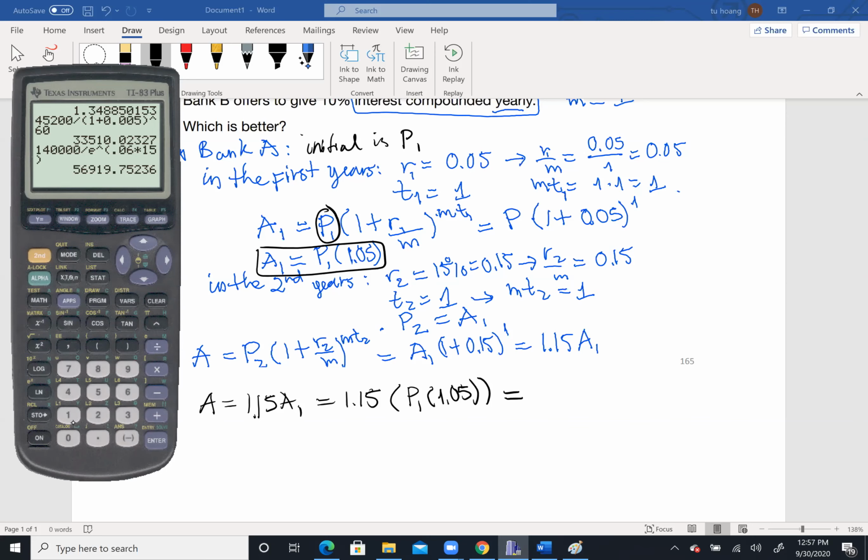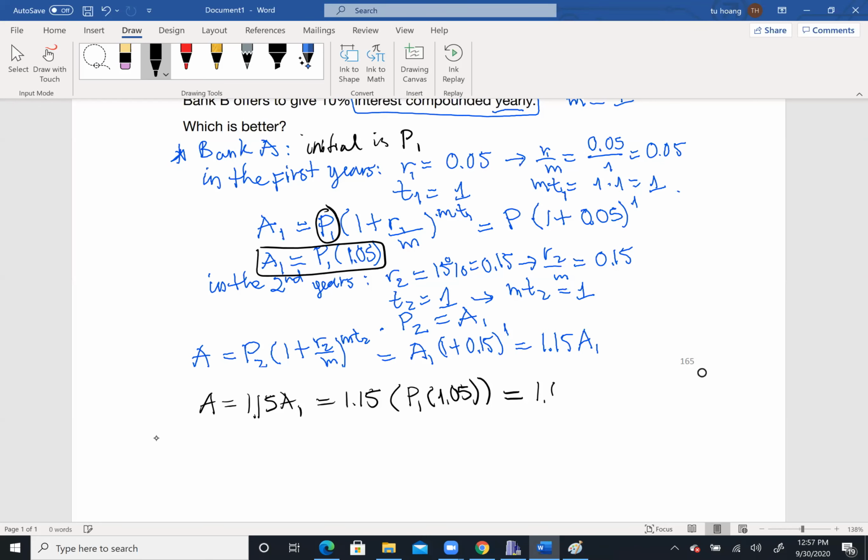So 1.15 I multiply with 1.05, and that's gonna give me 1.2075. So A gonna be equal to 1.2075 P1.